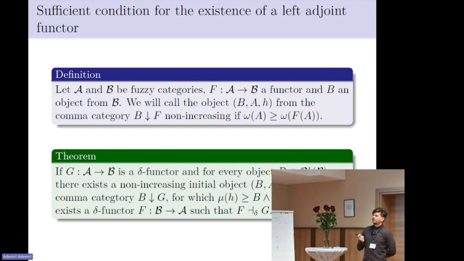The good thing about these objects in comma categories, which I will not delve into, is that these conditions are automatically satisfied in crisp categories. So by giving this extra condition, we can give a sufficient condition such that a delta functor admits a left adjoint up to a level delta.